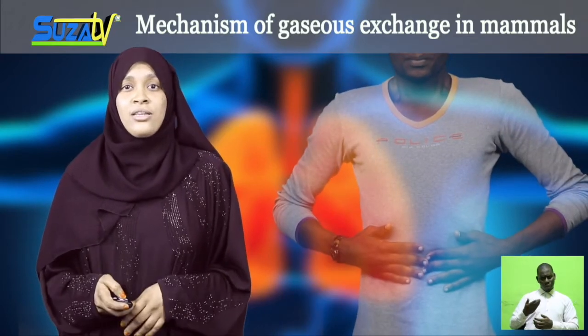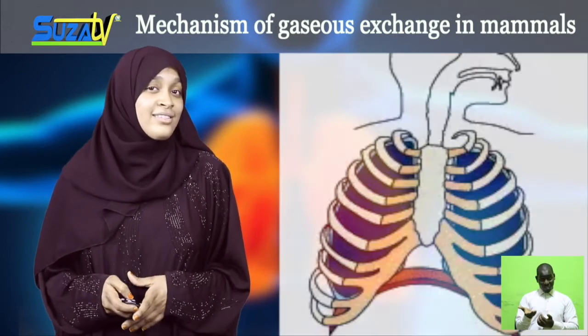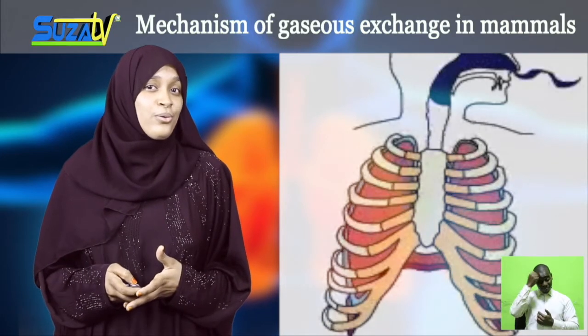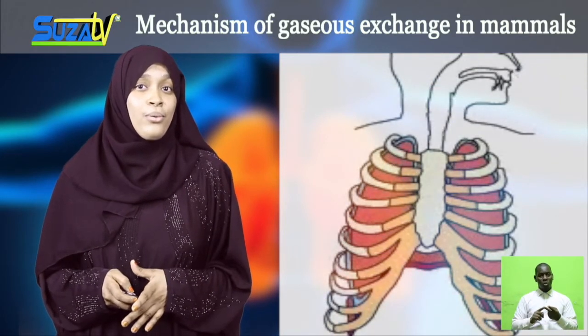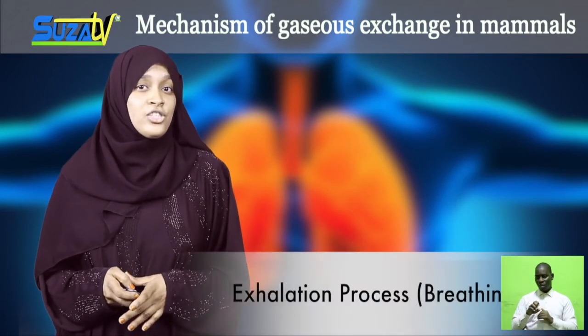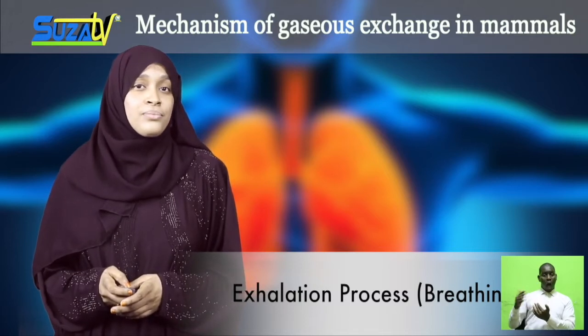When you breathe in, you have to breathe out as well. You can't hold your breath forever, right? So if you held your breath, as I told you to, it's time to breathe out now, if you haven't until now. So with the process of exhalation, breathing out, this is what happens.